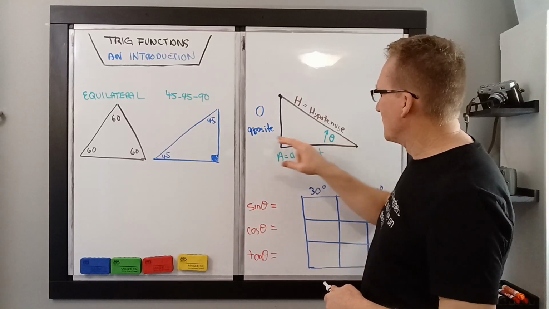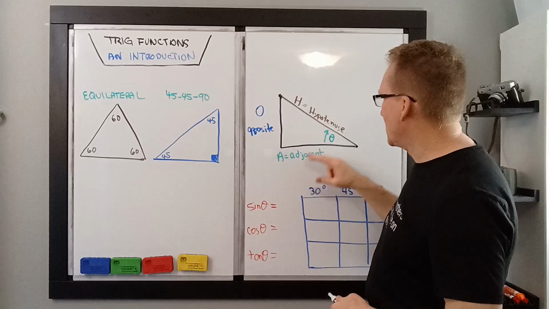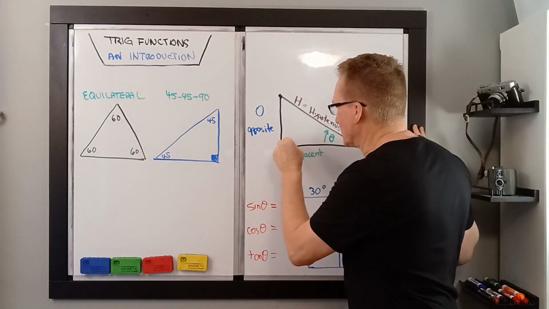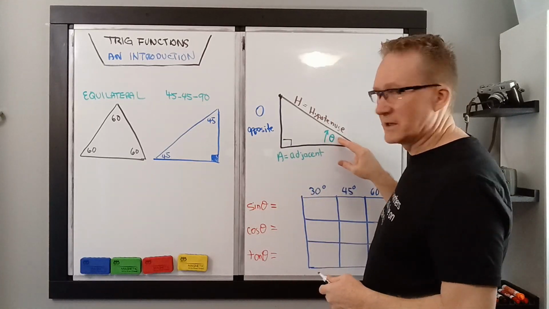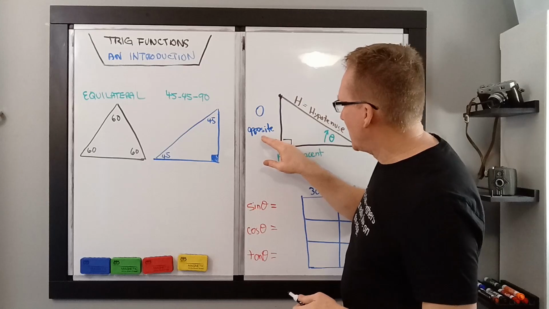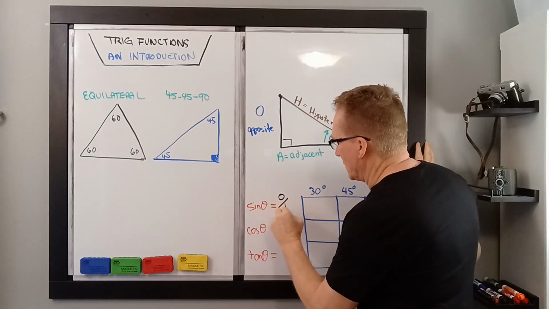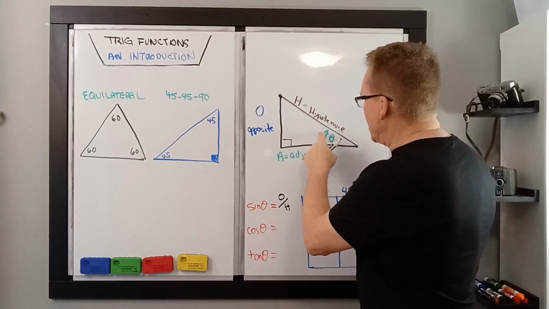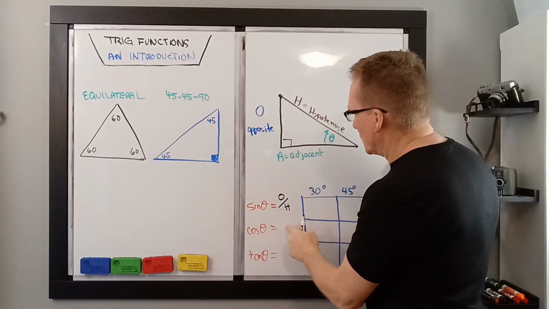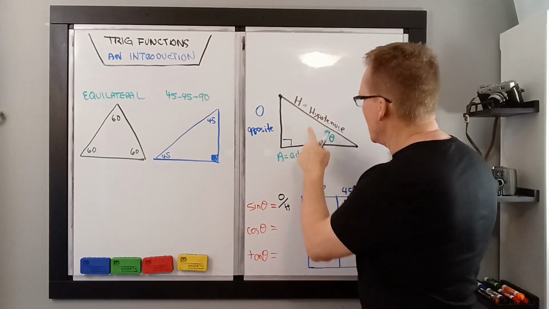So here's an angle with an opposite side, an adjacent side, and a hypotenuse. This is a right angle triangle, and we define the sine of this angle as the opposite over the hypotenuse. I'm just going to write those like this, O over H, and the cosine of this angle to be the adjacent over the hypotenuse.